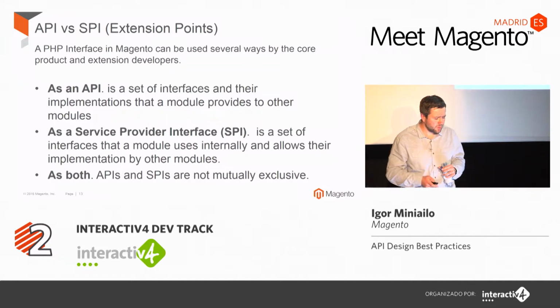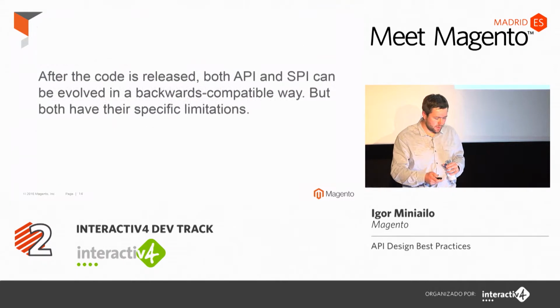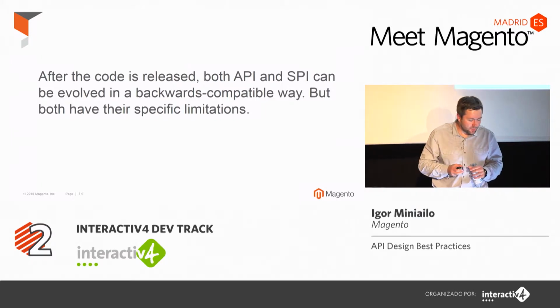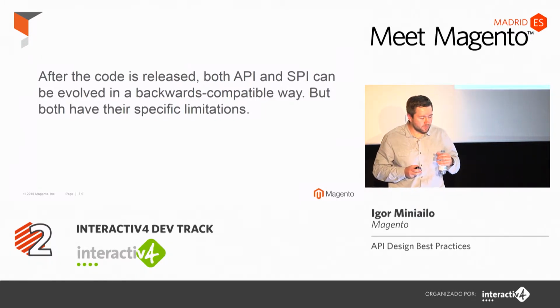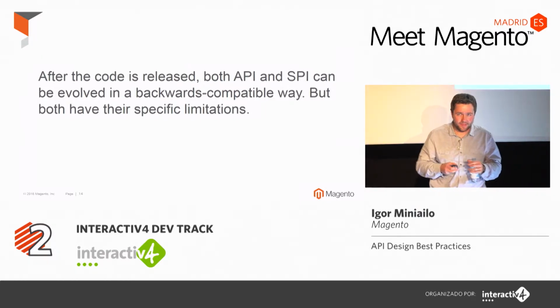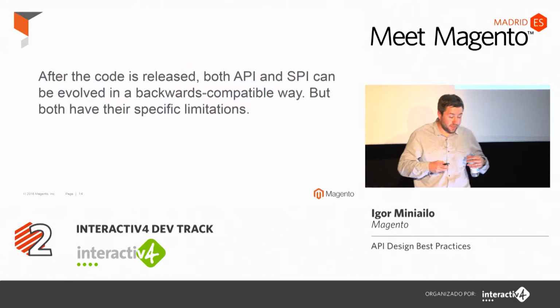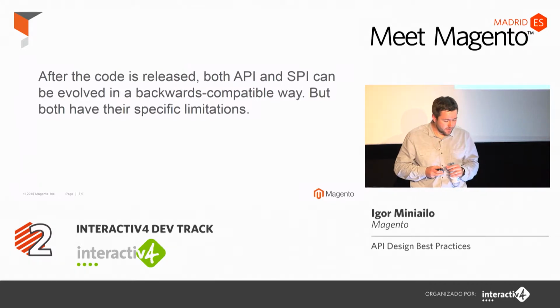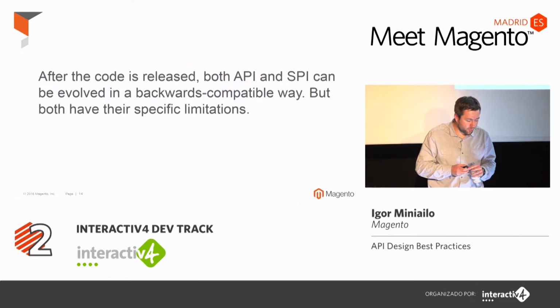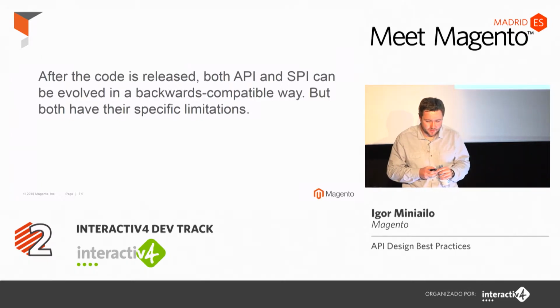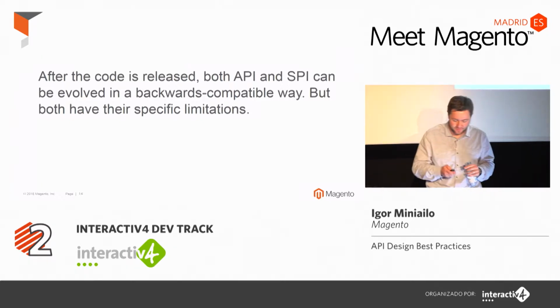And why does it matter? It matters because after the code is released, both API and SPI could be evolved in a backward compatible way, but both of these interfaces have their own limitations.